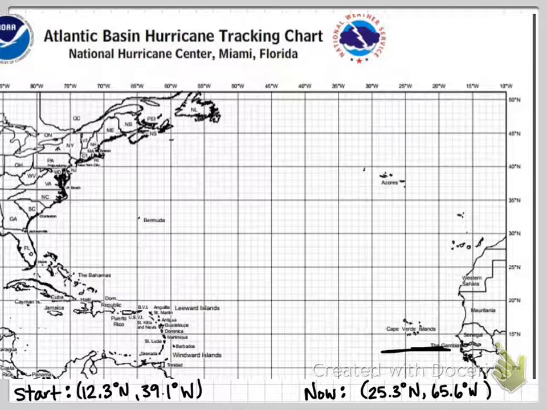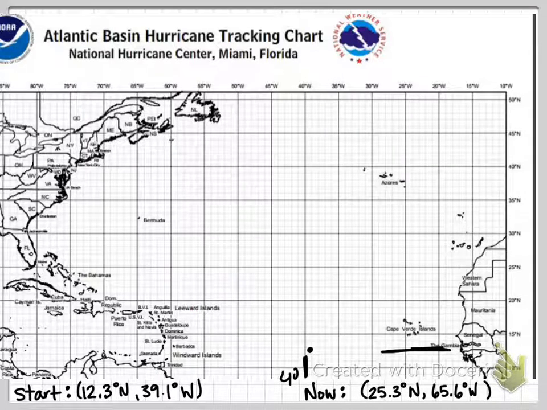And he was at 39.1. So this line right here is 40. He's at 39.1 and he's at 12.3. If this one is 10, 12, that's going to put us about right here. That's his first point.